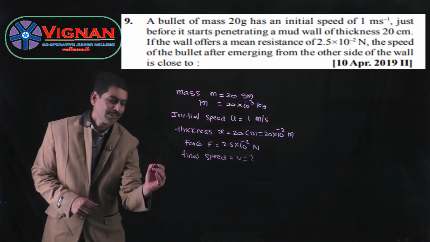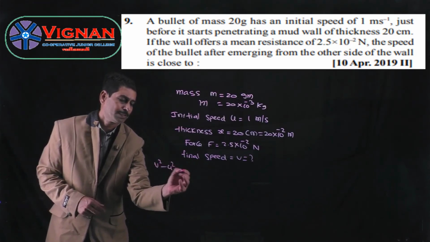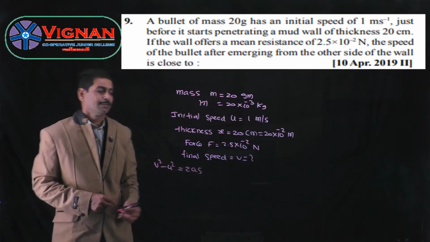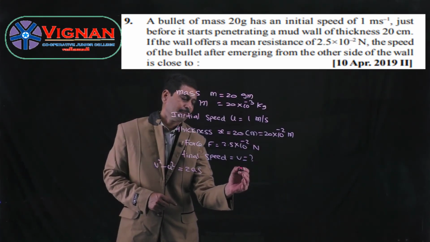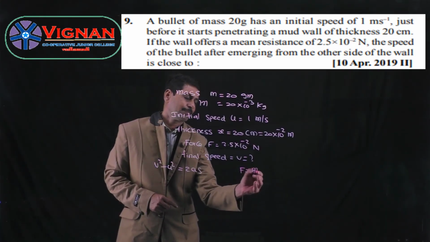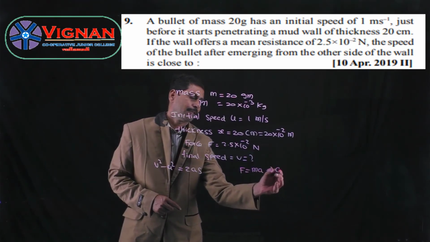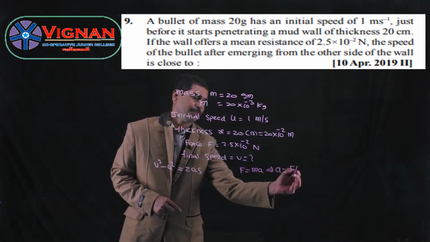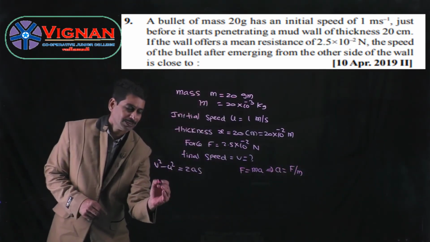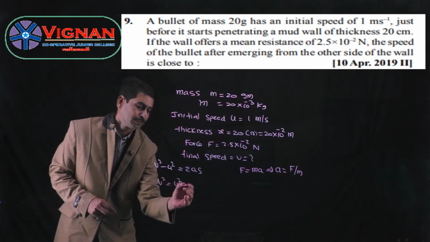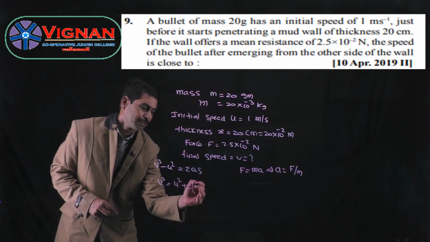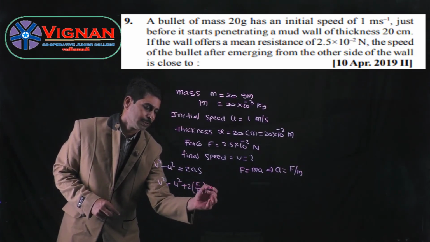And we know the equation v square minus u square is equal to 2as, and we know the formula for acceleration from Newton's second law, which is F is equal to ma. From this we get a is equal to F by m. So v square is equal to u square plus 2, a is nothing but F by m into s.